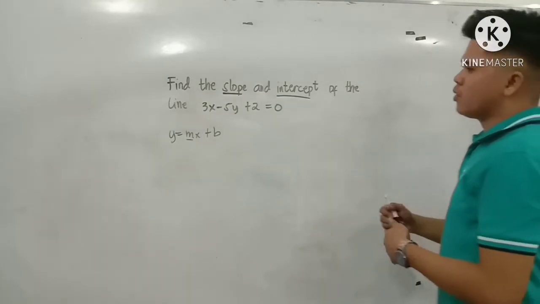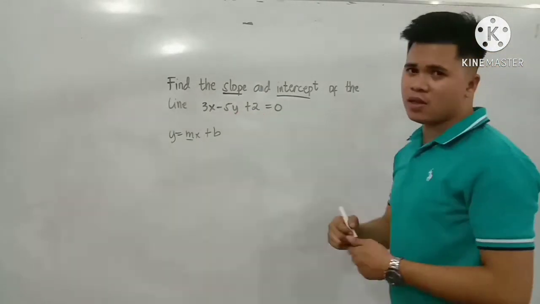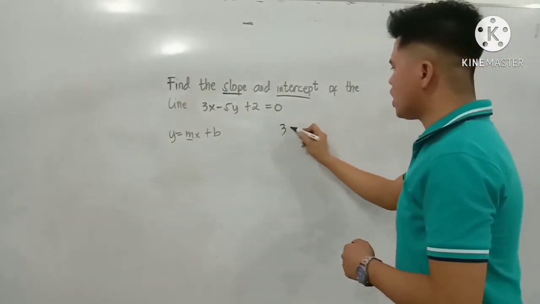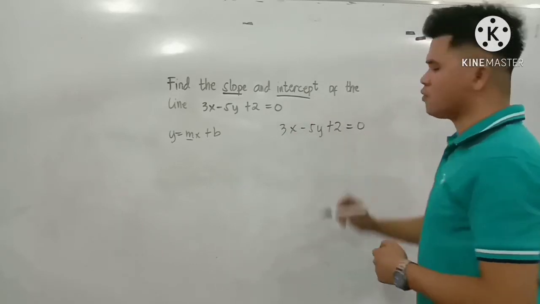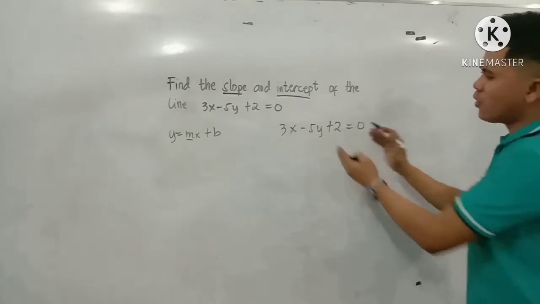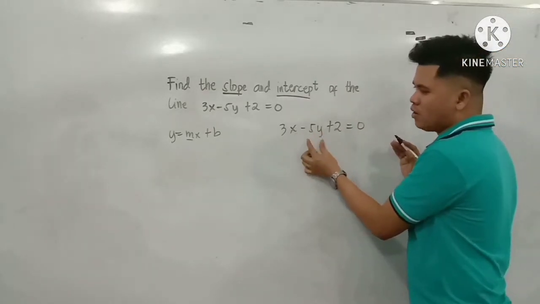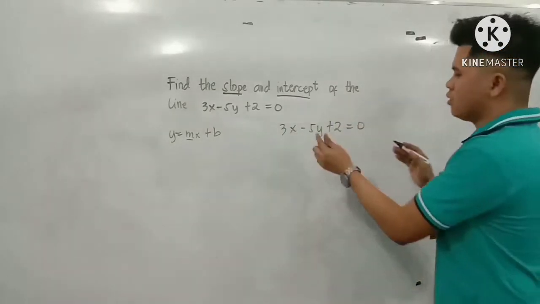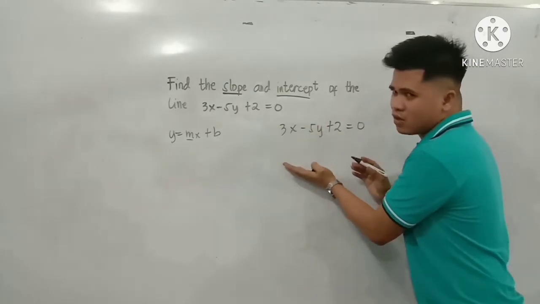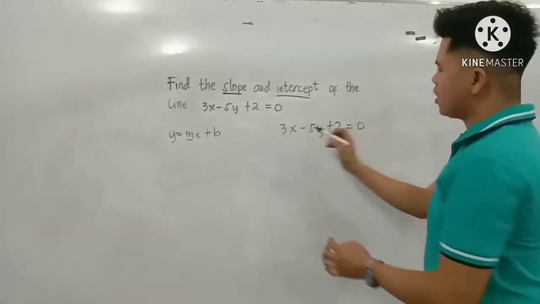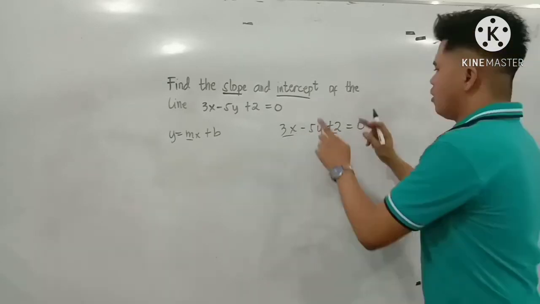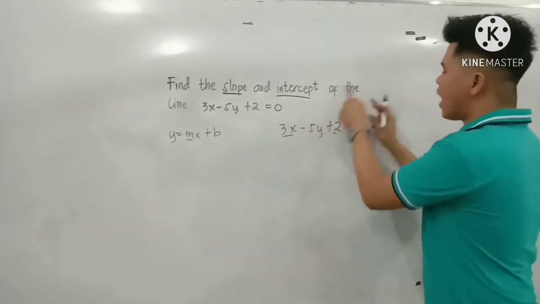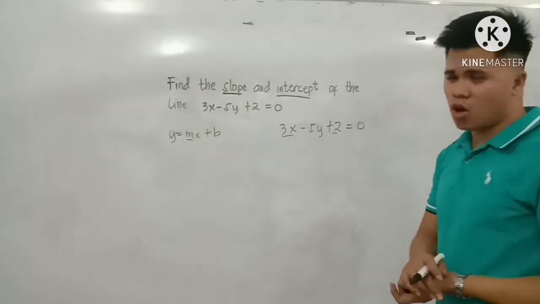So again, we have to copy first the given equation, which is 3x minus 5y plus 2 is equal to 0. Then, since our target is the y, we have to remain y on the left side of the equation. So the other terms, this 3x and positive 2, are transposed to the other side of the equation.